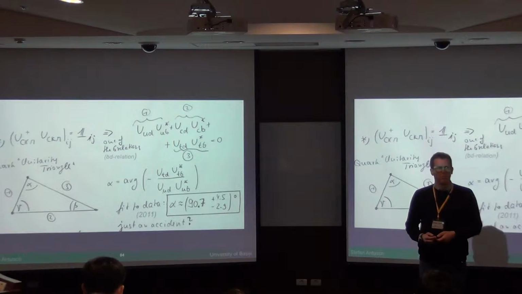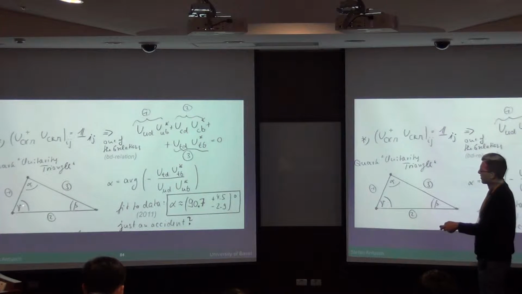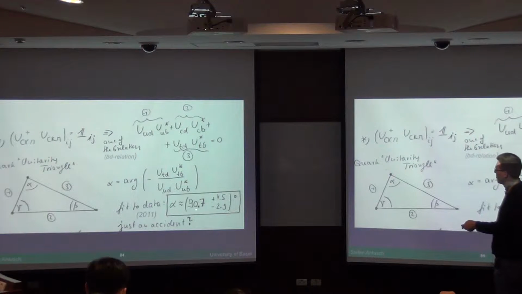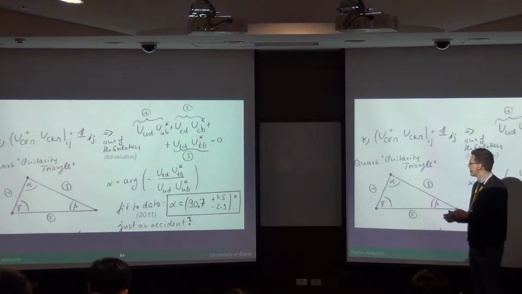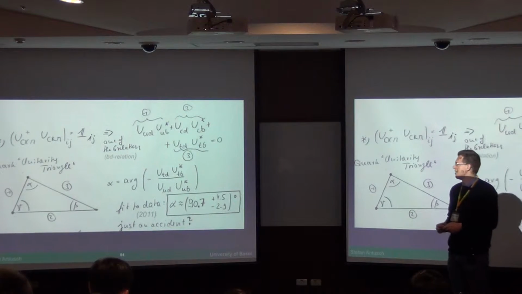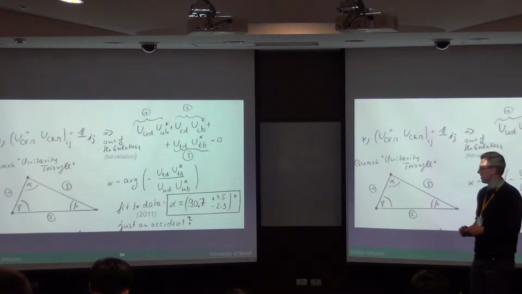So that's normally used for such a test. But if you look at these angles here, this is practically the phase that I've already shown you. But this alpha angle here, the experiment tells us that this is quite close to 90 degrees, so almost a right-angled unitarity triangle, which could be purely an accident, or maybe it's also telling us something.